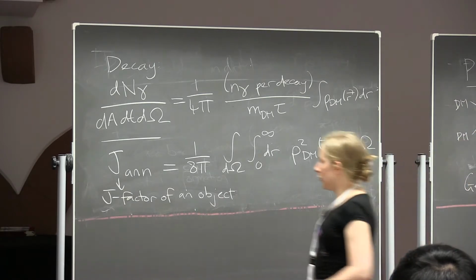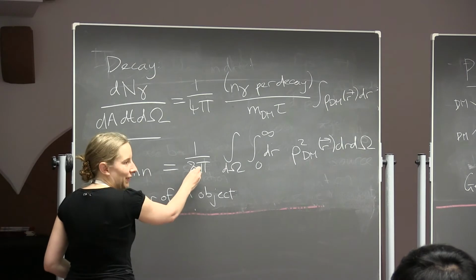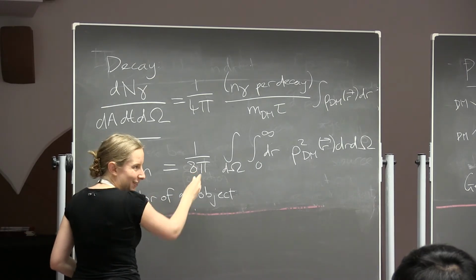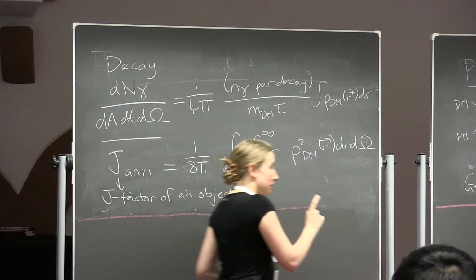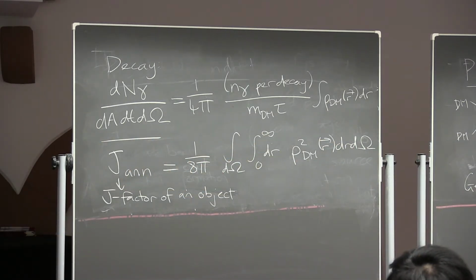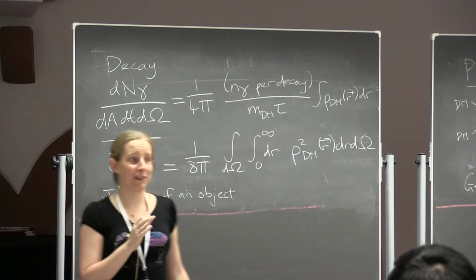Now, I should note there is variation in the literature as to whether this factor of 8 pi is there or not. Some people roll it in. This is, as far as I can tell, the most common definition. The overall quantity is invariant, but which piece you call the J factor, up to constant factors, is not the same between all sources. So if you're getting funny J factors, check if they're off by a factor of 4 pi.